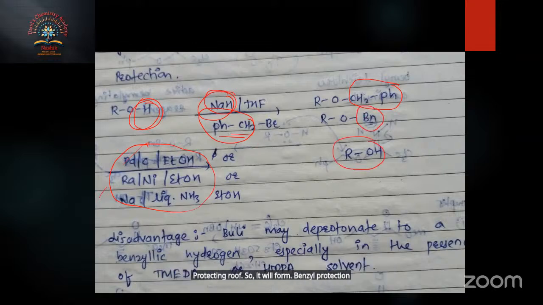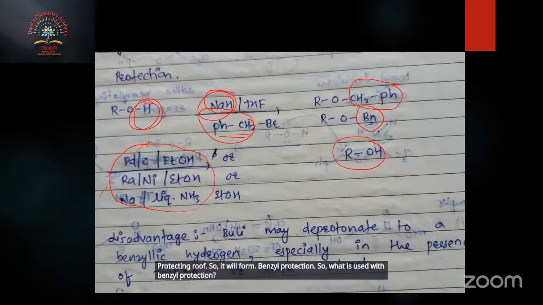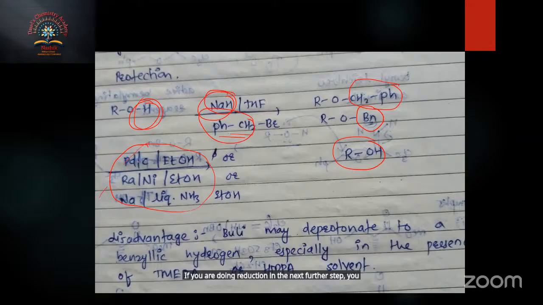So what is the use of benzyl protection? If you are doing reduction in the next step, you can deprotect it by using Pd/C, nickel, and sodium liquid. This benzyl protection is easily deprotected in the presence of a catalytic deprotecting group.